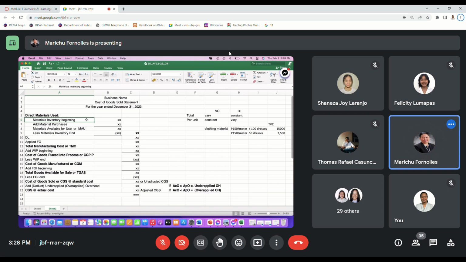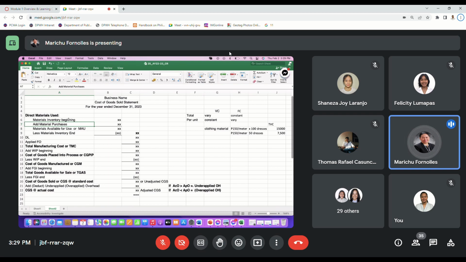Because the beginning inventory is not enough to serve the current production requirements, the business will acquire additional materials from outside sources, from their external supplier. So add the material purchases to the available stocks at the beginning of the year, which were the extra units that were left unused or unsold last month or last year.